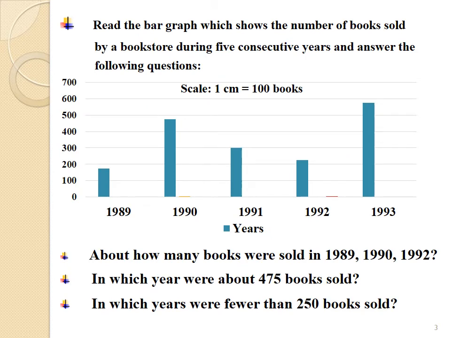Now, question number 2. Read the bar graph which shows the number of books sold by a shopkeeper during 5 consecutive years and answer the following questions. Question number 1. About how many books were sold in 1989, 1990, 1992?